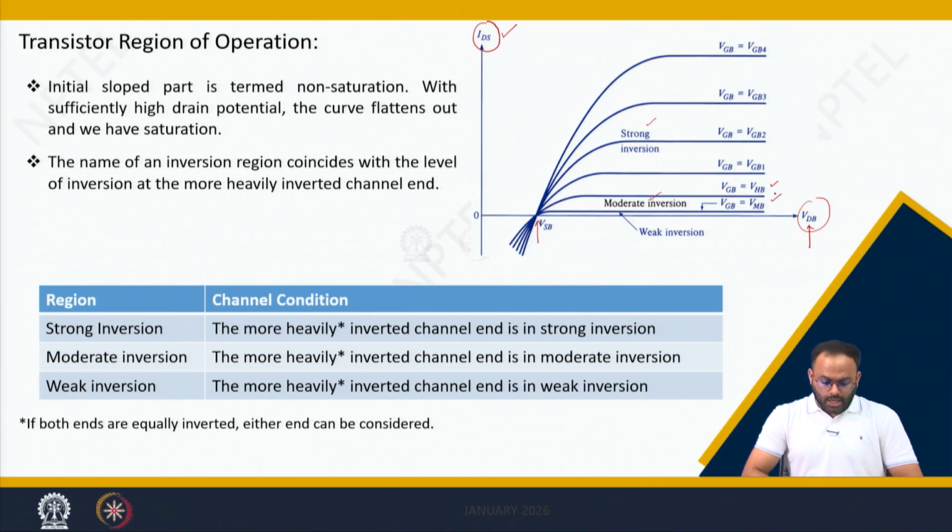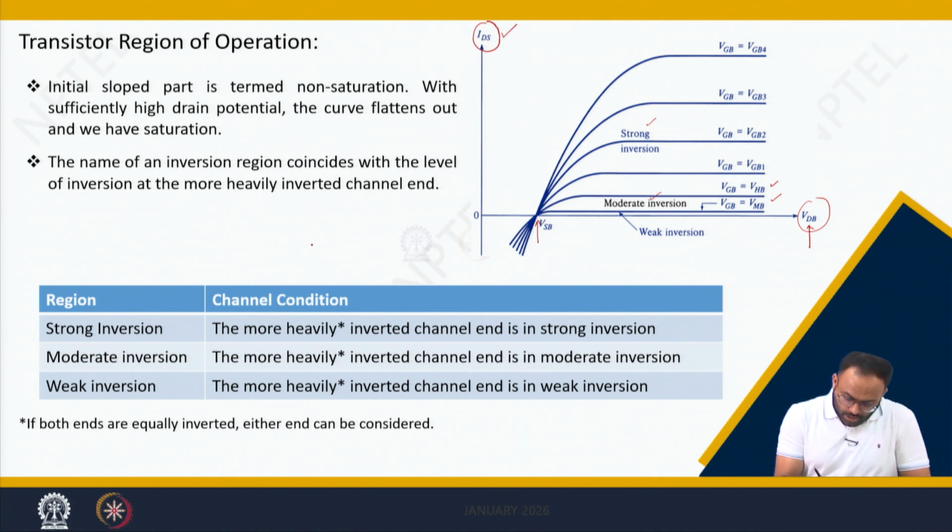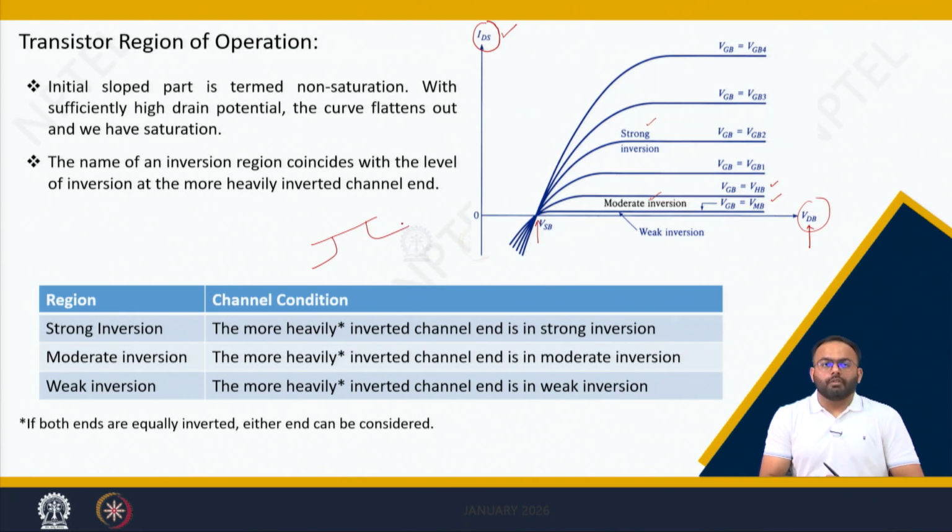Importantly, let me mention how we decide the name of the inversion region. The name of the inversion region is decided by the level of inversion at the more heavily inverted channel end. If the more heavily inverted channel end is in strong inversion, we say the MOSFET is in strong inversion.